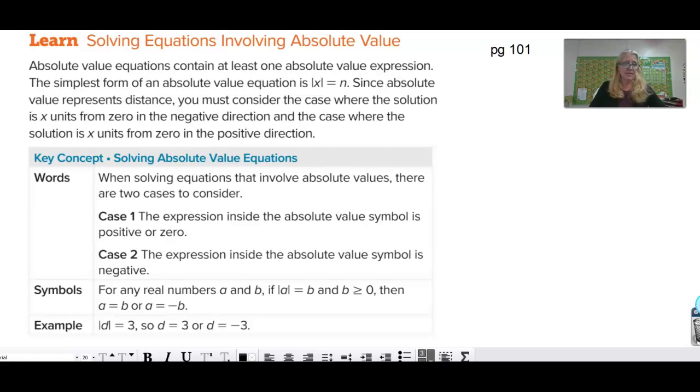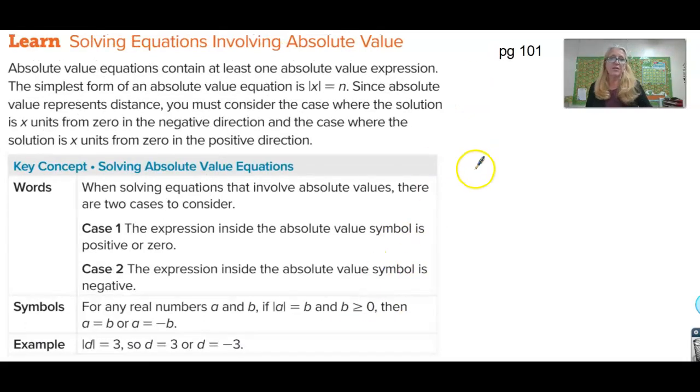Basically what it says is if you have an absolute value equation, you're going to have some gobbledygook inside this absolute value sign, and it's going to be equal to, oh, say 7. What you don't know is, did the gobbledygook equal 7, or did it equal -7?